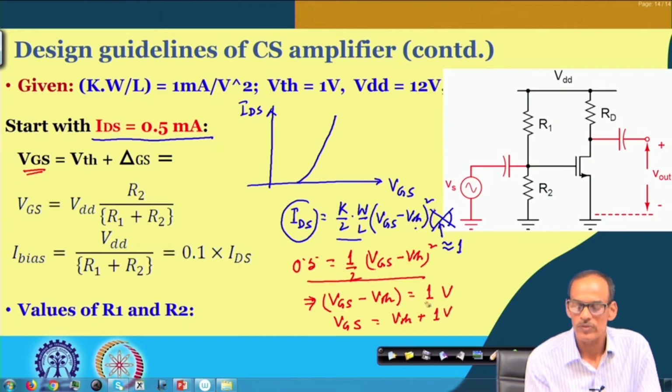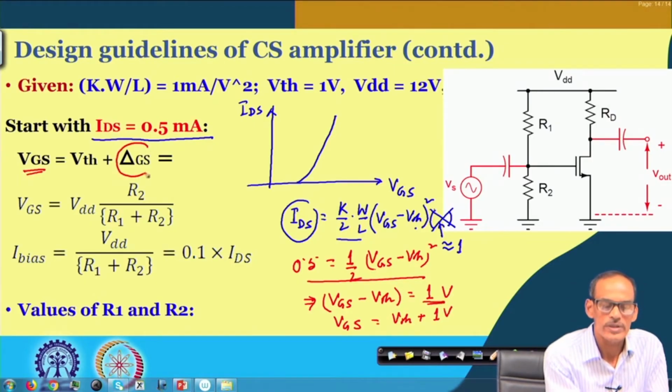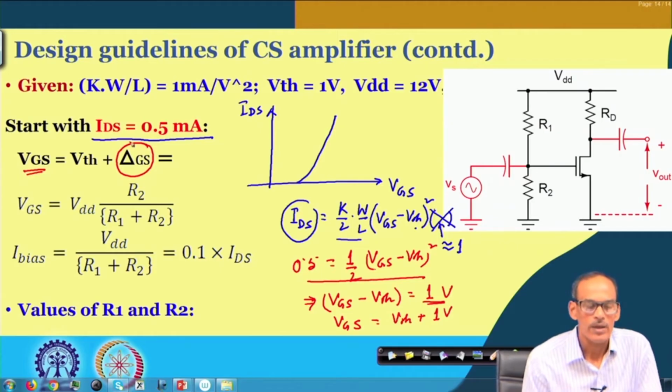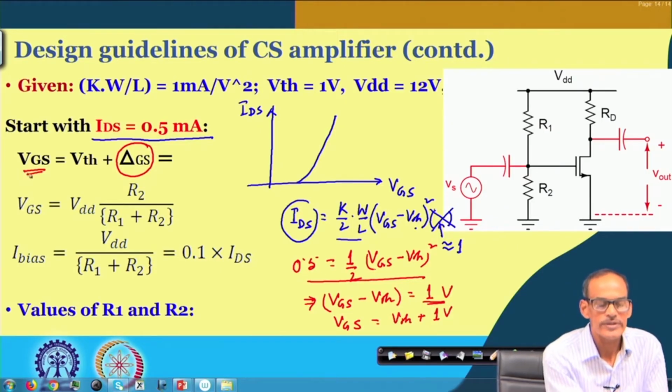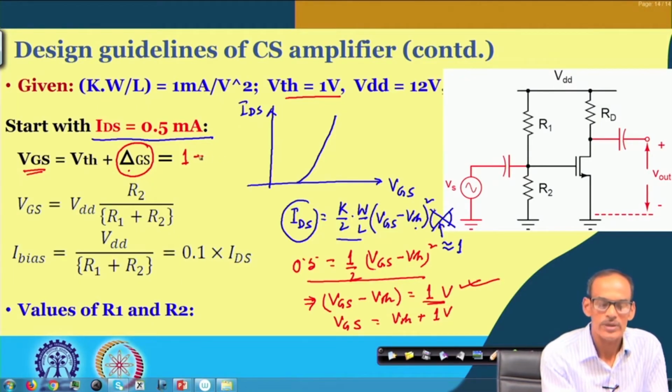This 1 volt is normally referred to as the overdrive voltage, delta VGS. So VGS equals the VTH, which comes from the parameters given to us, plus 1 volt, and VGS minus VTH, which we obtained, is 1 volt.